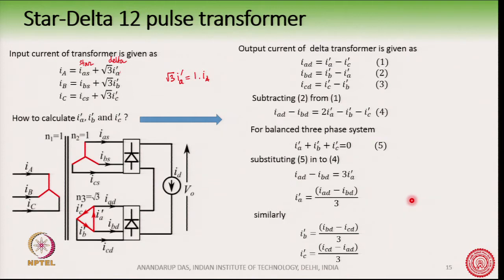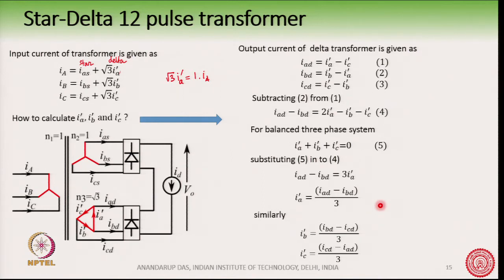So, we are getting the current IA dash in terms of these line currents. The phase currents in the delta are obtained as a function of these 2 line currents.